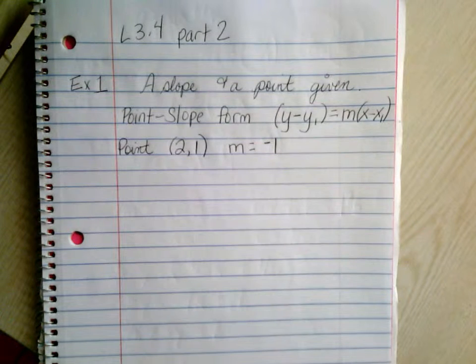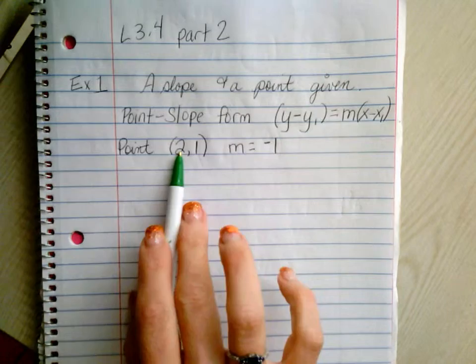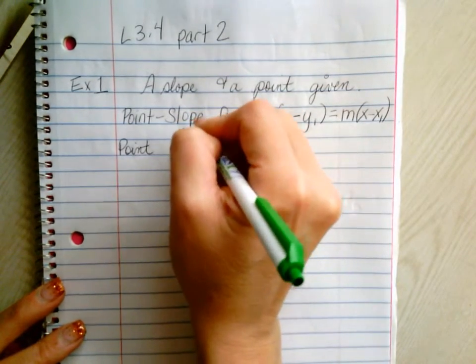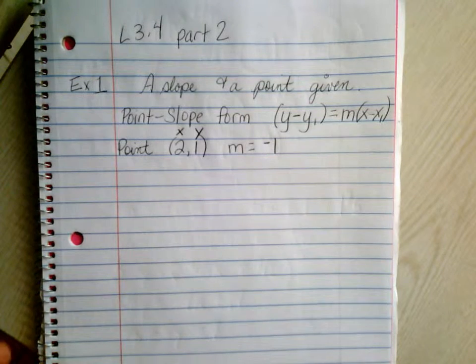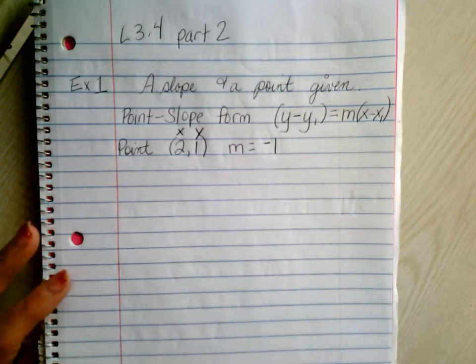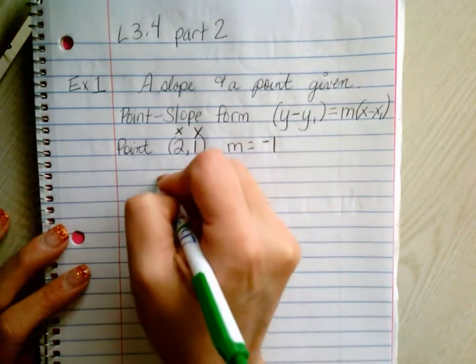Okay? So I have the point and I have the slope. The values you are given here are the x, y coordinates. The x, y coordinates are what you are going to plug in to the equation above. And the way you plug them in is as follows.